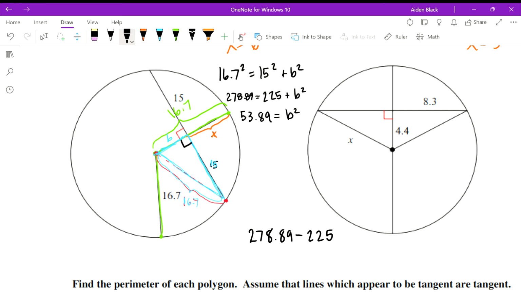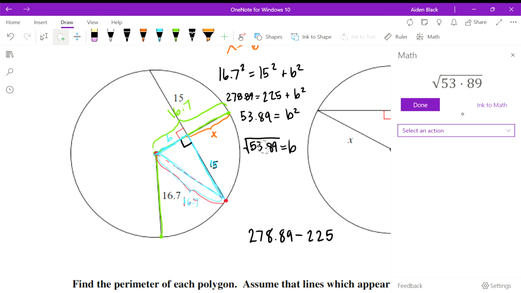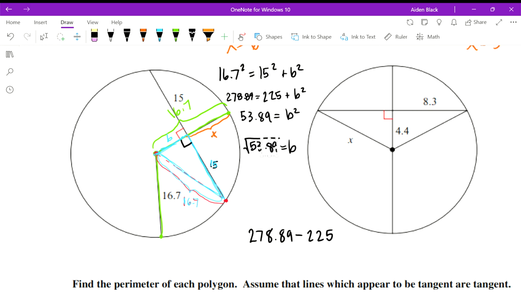And then we just take the square root of this, right? So b is equal to the square root of 53.89. I don't have a calculator with me, so I need to evaluate it on my OneNote.